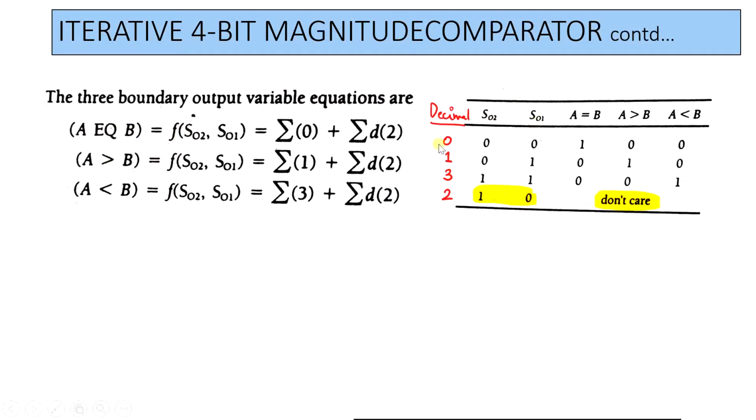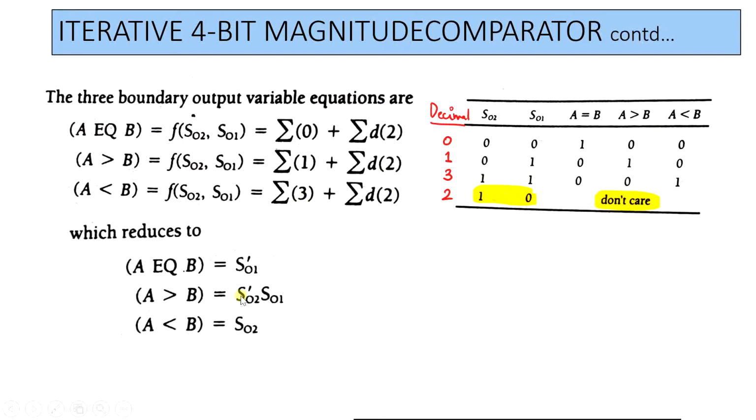So 00 in decimal is 0, 01 is equal to 1, 11 is equal to 3 and 10 is equal to 2. So when I consider A equal to B, it is decimal 0, and I also need to consider the don't care term. For A greater than B, it is going to be decimal 1 plus the don't care. For A less than B, it is decimal 3 plus the don't care term.